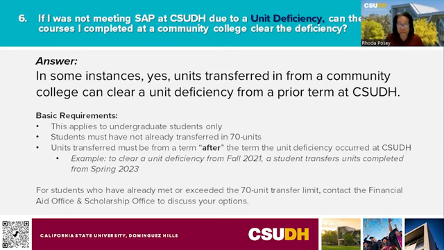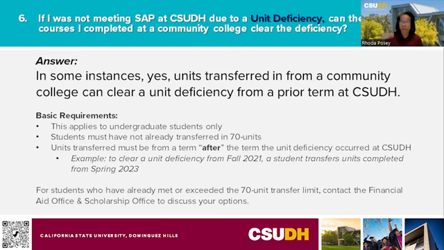The second bullet there, students must not have already transferred in 70 units. So there's a 70 unit cap for transfer units to be considered. And then the units must be transferred from a term that was after the term that the unit deficiency occurred. I'm giving you an example of that. Let's say the unit deficiency was from fall 2021. To clear a unit deficiency from fall 2021, a student transfers in units that were completed for this semester, spring 2023.